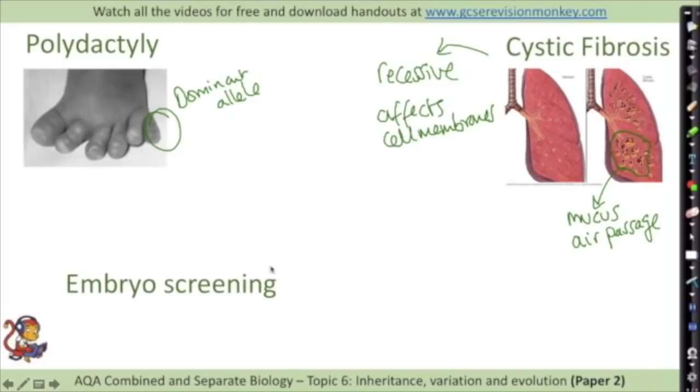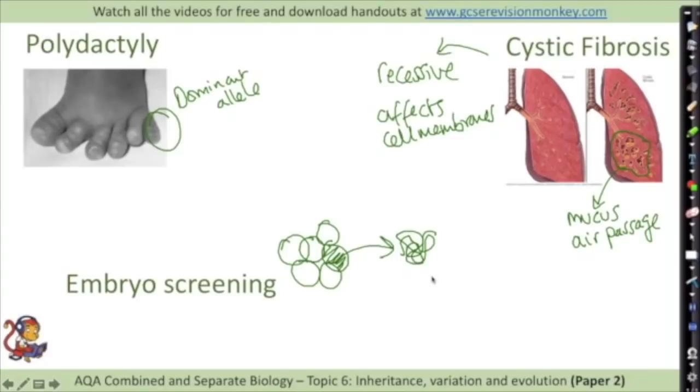So one suggestion to help improve for such inherited disorders is to do something called embryo screening, which is looking at the embryo, which is a ball of cells right at the beginning of life, and selecting a cell from that embryo and looking into its DNA to see if it has genes which could cause some of these genetic disorders.